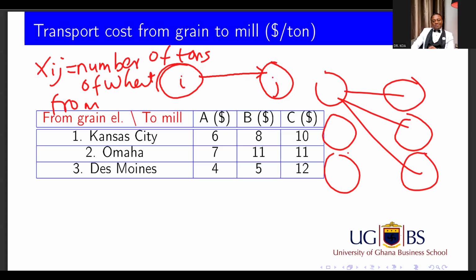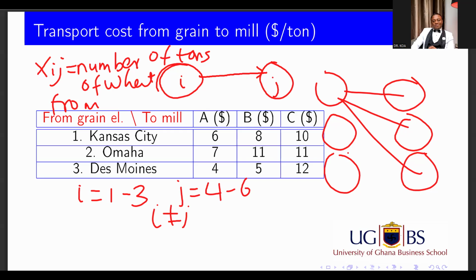From node I to node J. And then you indicate that where I is 1 to 3 and J is 4 to 6. We'll come and explain why we label them like that. And I is not equal to J.